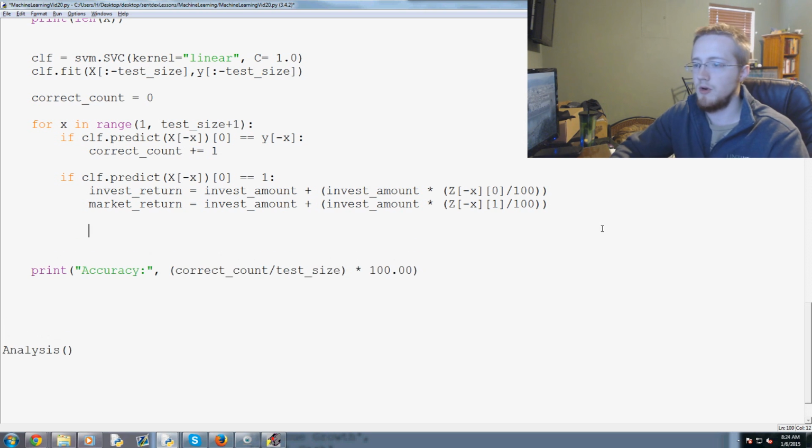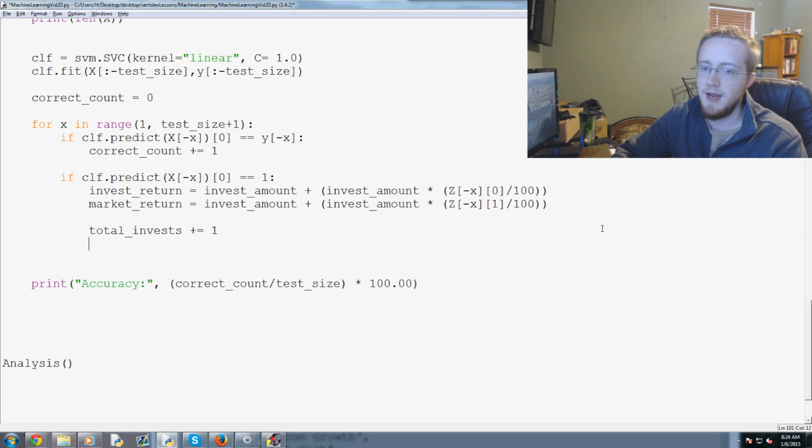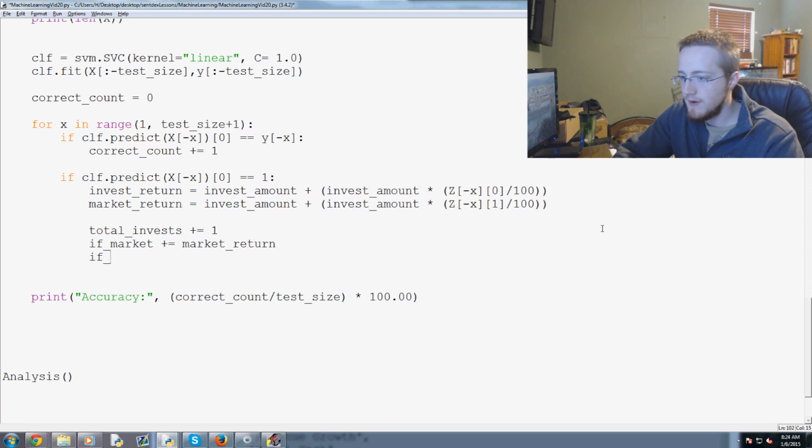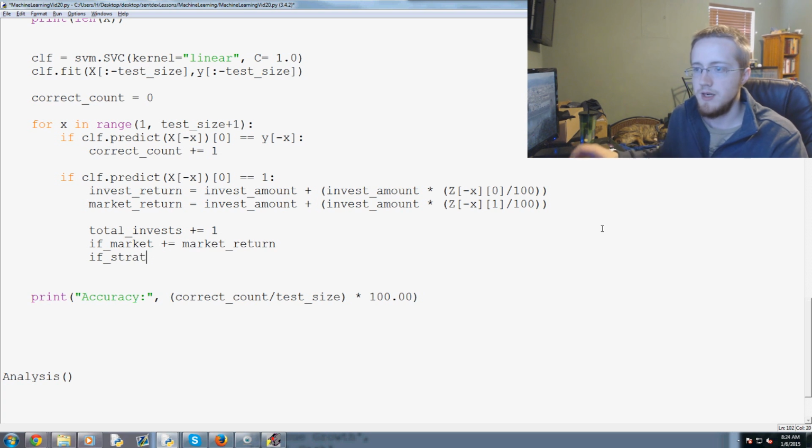Next, we're going to say total_invests plus equals 1, and then we're going to say if_market plus equals the market_return, and then if_strat, plus equals invest_return. Okay, so that's that.